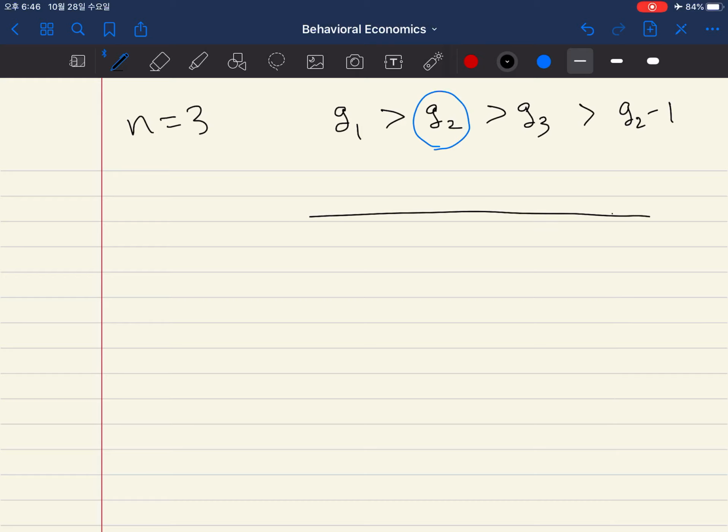So we can say G1 is here, G2 is here, G3 is here. Currently, the second individual is contributing more than the third individual. But if the second individual reduces contribution by 1, then now he's here.